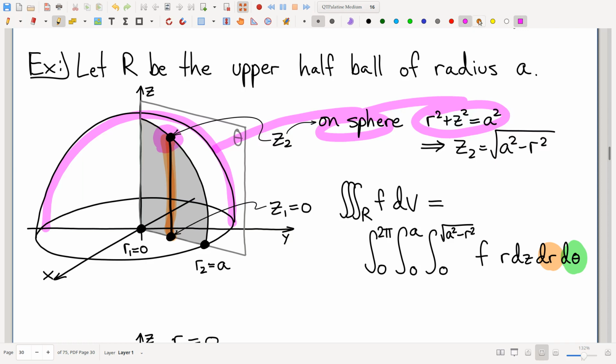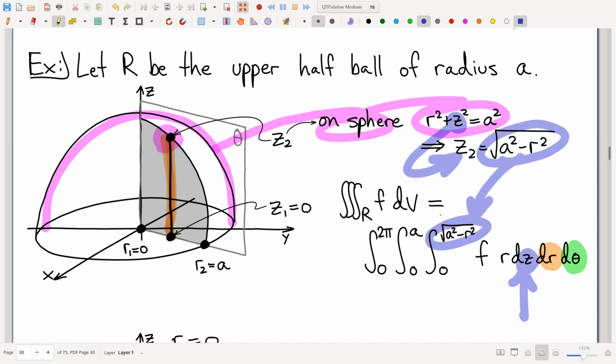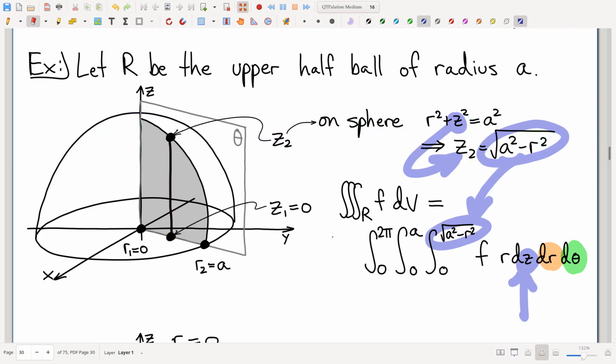Reminder, we're looking for a value of Z. So in this equation, I've got to solve for Z. And what I get is my upper Z bound. All good? Let's do it the other way.